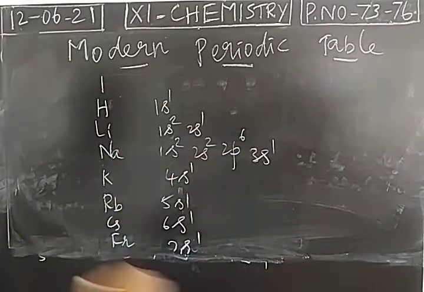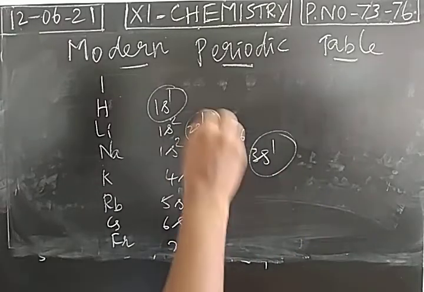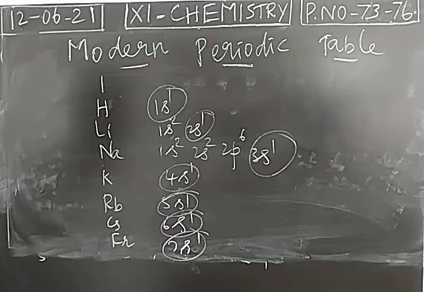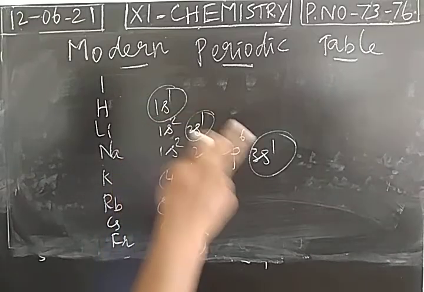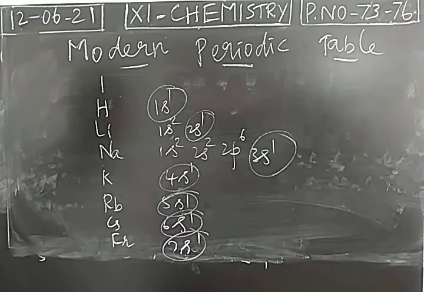So tomorrow we will study how to write the electronic configuration. We think about the last orbital. The last orbital is s orbital with a single electron. So all the elements present in first group will have the same outer electronic configuration. The last orbital will have the same number of electrons. So these will have similar properties.